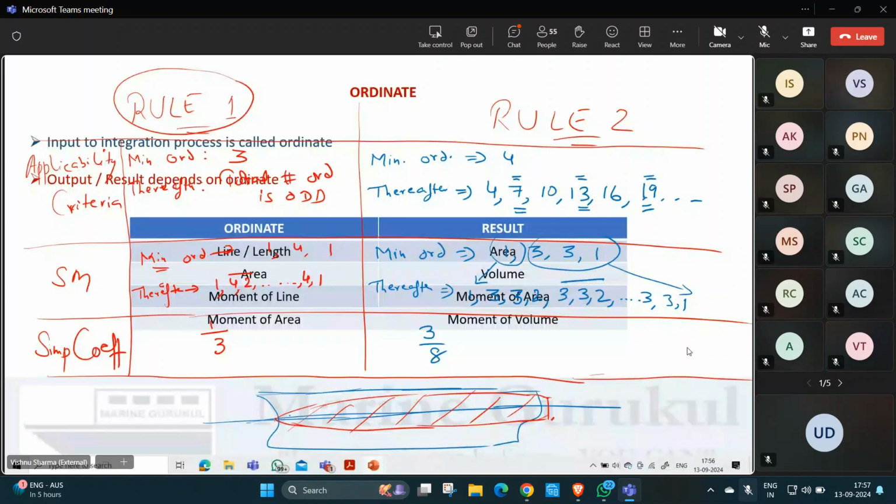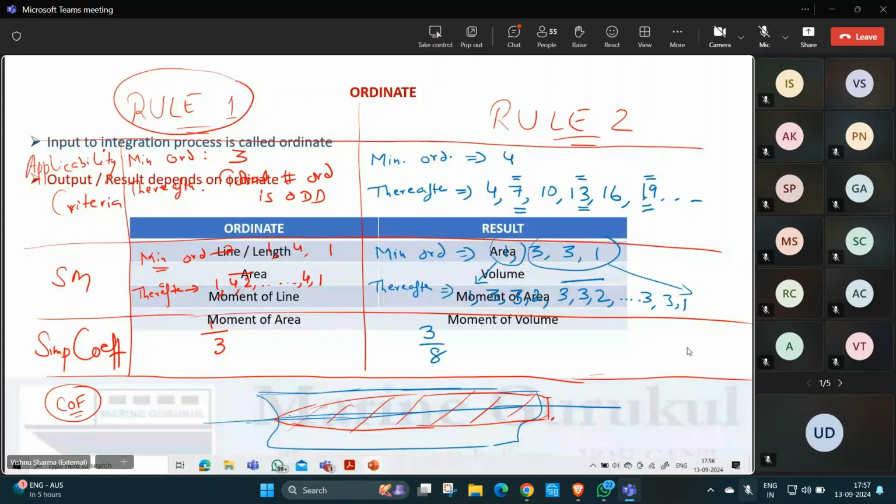It is the geometric center, or the centroid, of the water plane area. So basically, if somebody says find the center of flotation or LCF, he wants you to find the distance of the geometric center of the water plane area from the after perpendicular. Correct, beta? Am I right? Yes or no? Correct, class? Yes, sir.